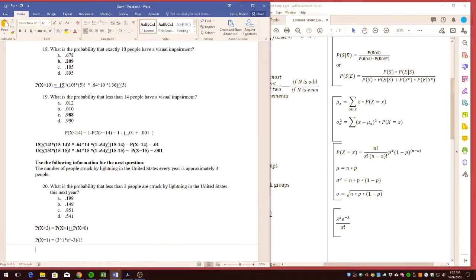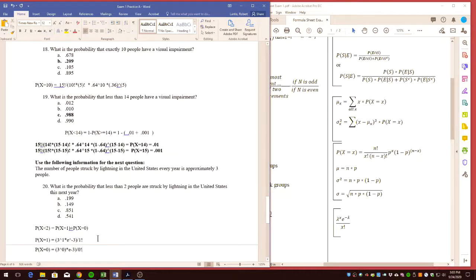If I then want the probability that x is equal to 0, same idea, except now my lambda is the same, still 3, but my x is now 0. So 3 to the 0 power times e to the negative lambda divided by x factorial.